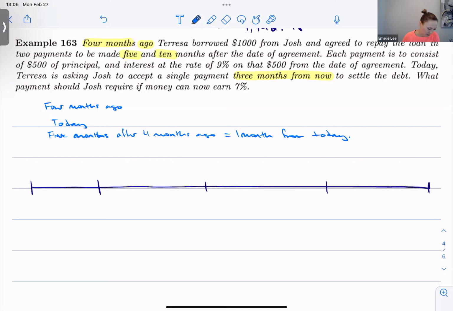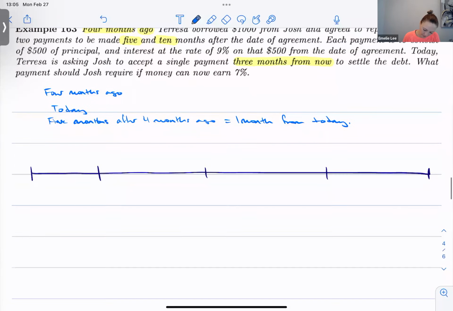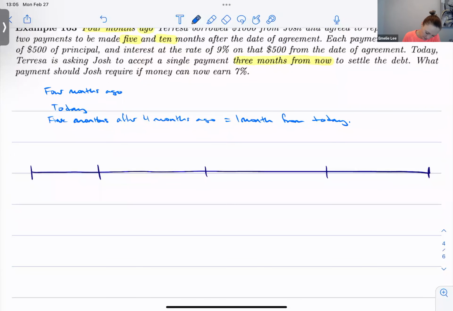And then 10 months after 4 months ago is actually going to be 6 months from today.